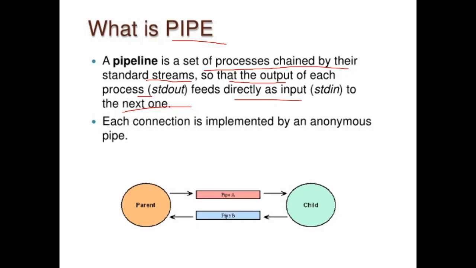So these pipes are like input and output streams through which the messages are sent. These streams accept the input and send the output through these pipes. So these are streams through which the messages will be sent and received from parent to child process. Each connection is implemented by an anonymous pipe.